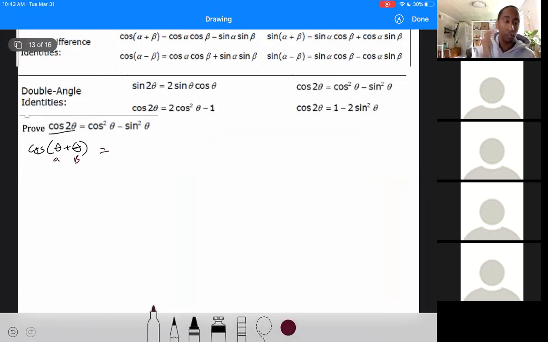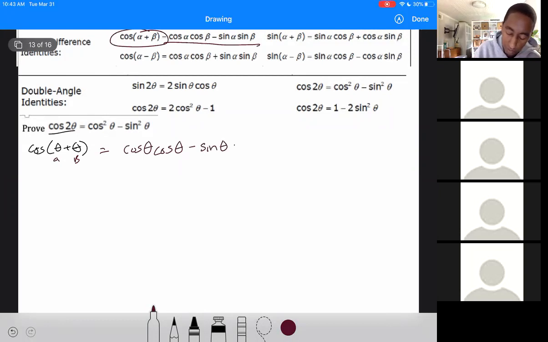And so in this case, we would be using the sum identity of cosine, which is this one here, which states that it's going to be cosine of alpha, and alpha is theta, times cosine of beta, and beta is theta. That rhymes. Beta is theta. Minus sine of alpha, and alpha is theta. Sine of beta, beta is theta as well here, right?